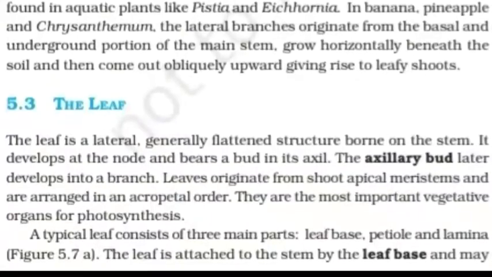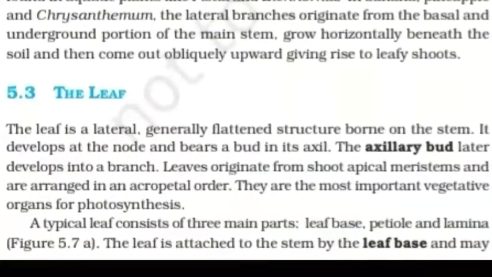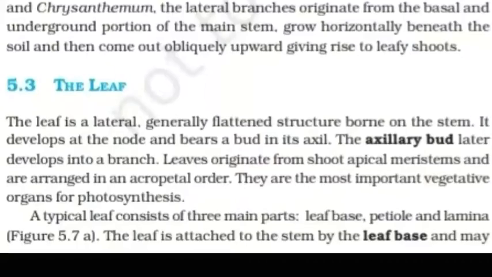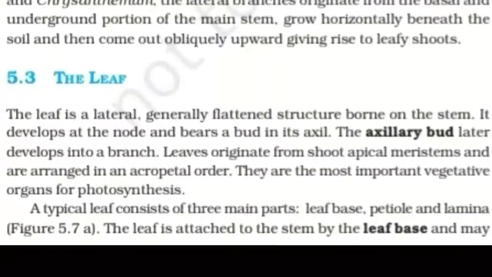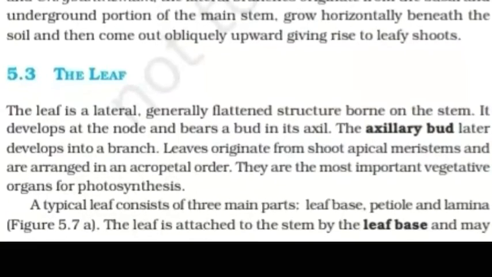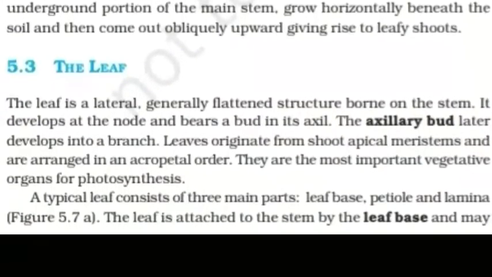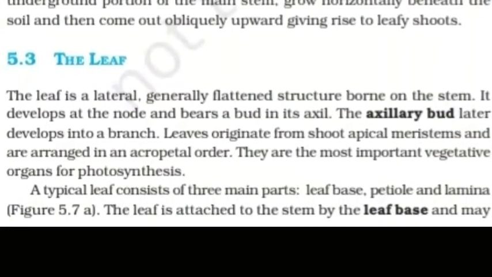Leaves originate from shoot apical meristem and are arranged in an acropetal order. They are the most important vegetative organ for photosynthesis. A typical leaf consists of three main parts: leaf base, petiole, and lamina.